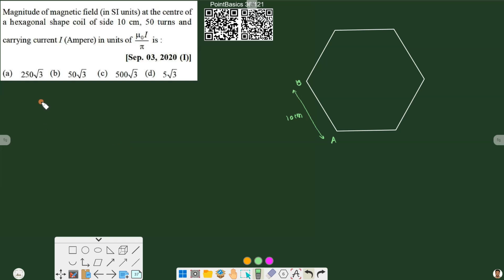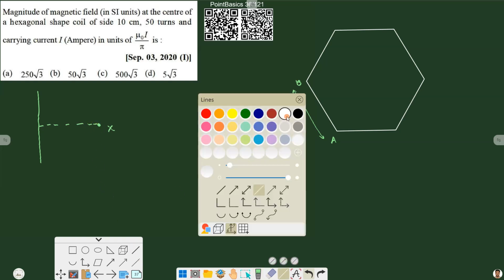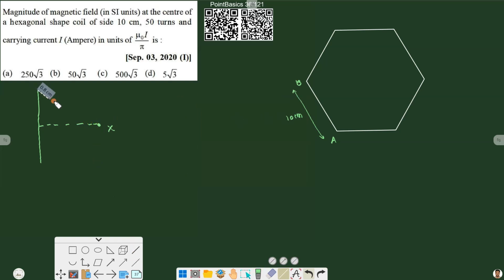Suppose we have a straight conductor here, and we have a point here, say point X. Let me draw another figure. This is the angle for one end, and this is the angle for the other end.